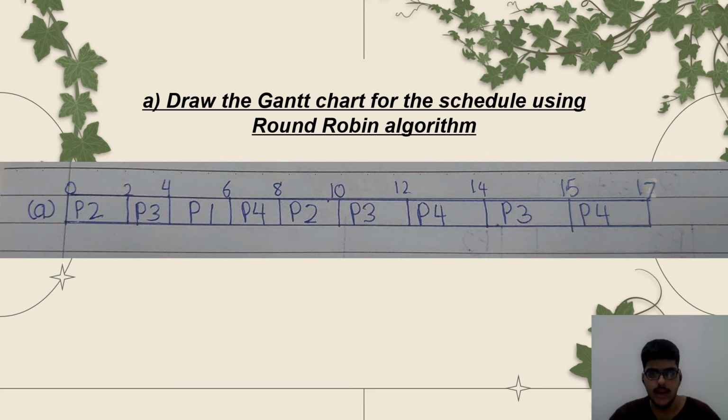Now the balance is 1. The third and last time for P3 is times 1. You cannot times 2 because the balance is only 1.